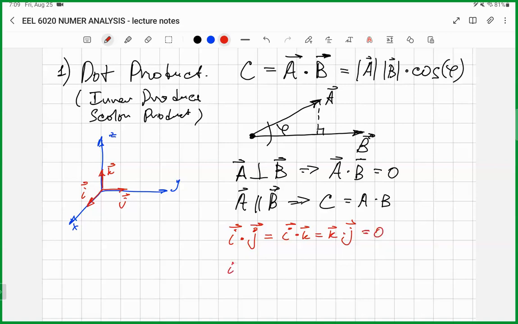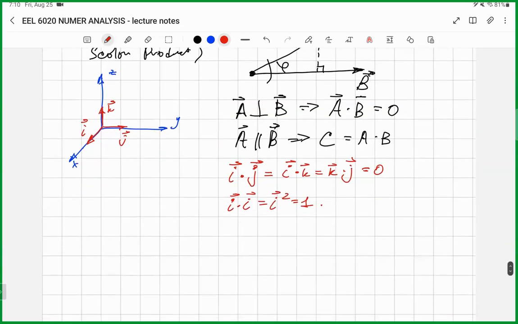And of course i times i, which is i squared, is equal to 1, because the projection of a vector on itself is equal to the length of the vector. And in this case, the length of these unit vectors is 1.